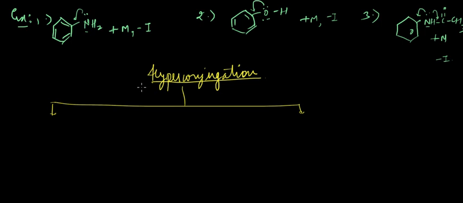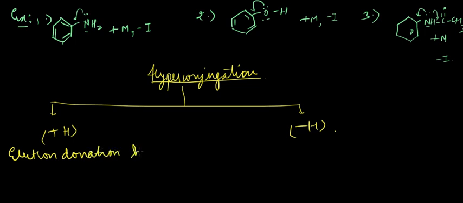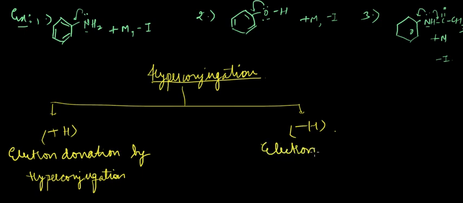So it can again be classified into two categories, plus H, minus H. Okay, so this is simply electron donating by hyperconjugation, and this is electron withdrawing by hyperconjugation.